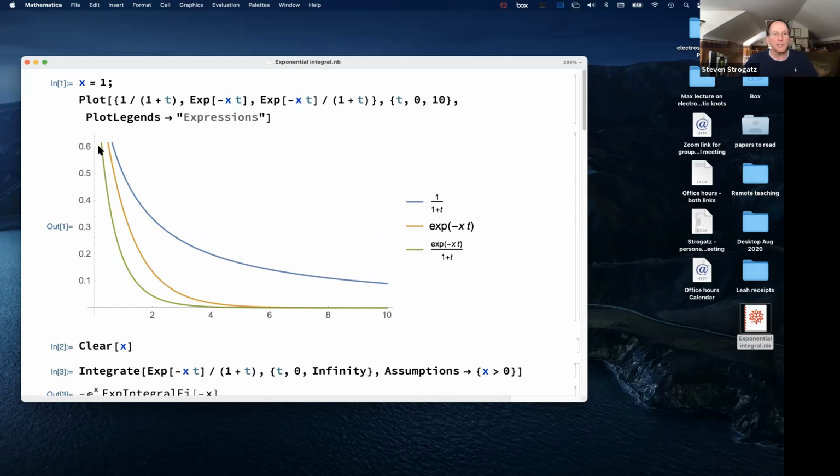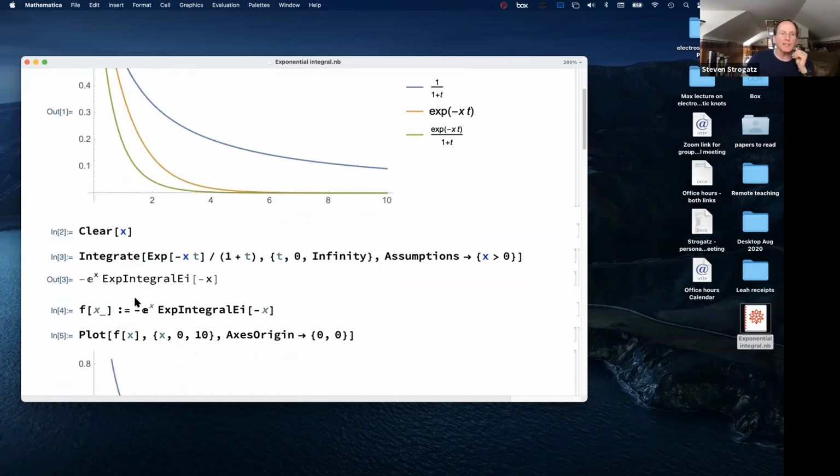Together, their product makes this green term. And in effect, we were looking at the area underneath the green curve. That's the integral we were studying as a function of x, where x is the decay rate of this exponential. So if the exponential decays faster, we're going to have less area underneath the green curve, which is why the whole thing is a decreasing function of x.